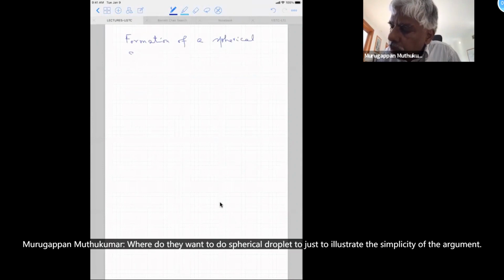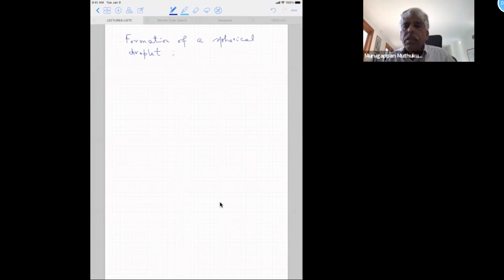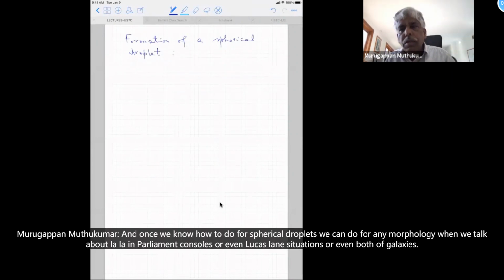Why do I want to do a spherical droplet? To just illustrate the simplicity of the argument. And once we know how to do it for spherical droplets, we can do it for any morphology.